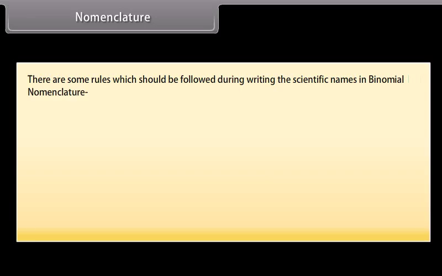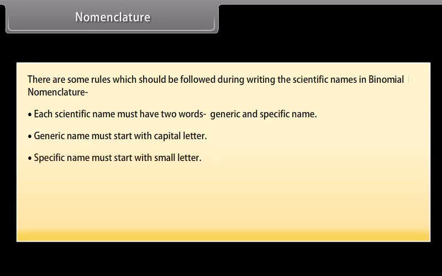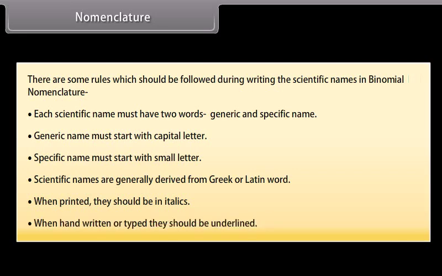Each scientific name must have two words, generic and specific name. The generic name must start with a capital letter. The specific name must start with a small letter. Scientific names are generally derived from Greek or Latin words. When printed, they should be in italics. When handwritten or typed, they should be underlined.